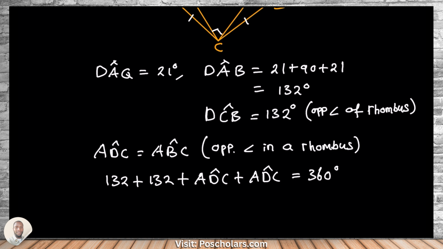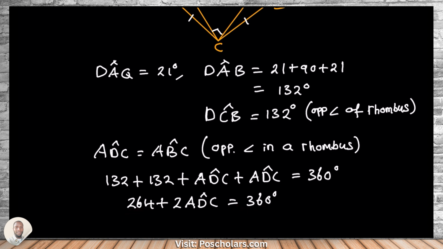So 132 plus 132 gives 264 degrees, plus angle ADC plus angle ADC gives 2 ADC, that means 2 of the angles equals 360 degrees. Now what you need to do next is to subtract 264 from both sides.